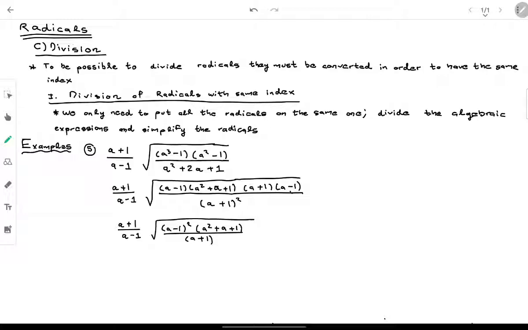We have a plus 1 on the bottom part, and a plus 1 on top, so we can take it out.